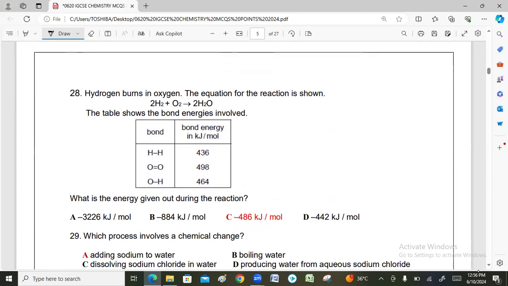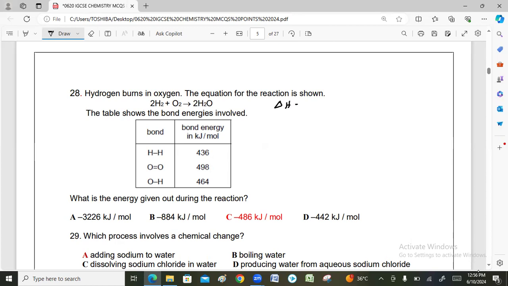Then hydrogen burns in oxygen, and the equation for the reaction is given. The table shows the bond energies. What is the enthalpy or the energy given out during the reaction? So I have already mentioned the answer, but let's check how we can get this answer.